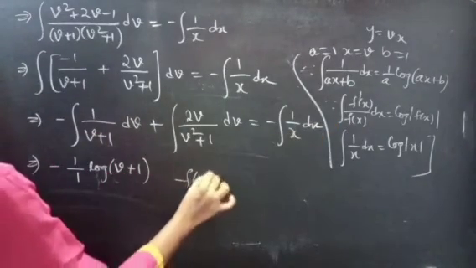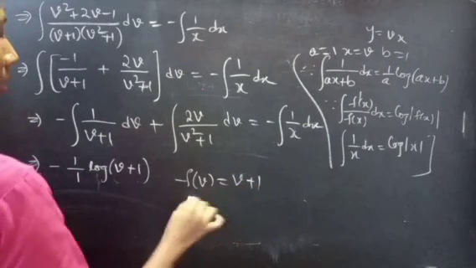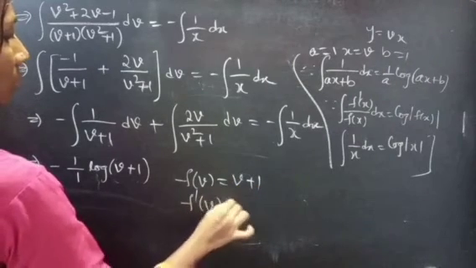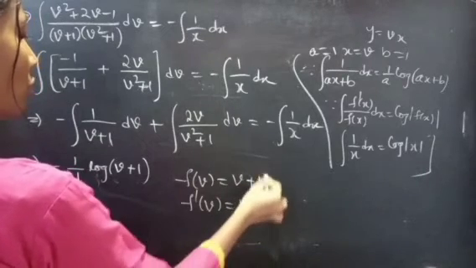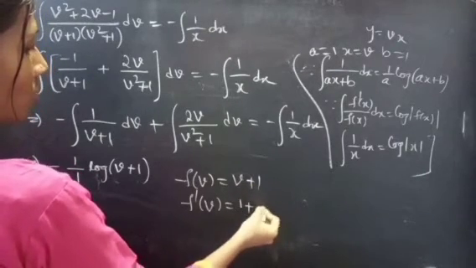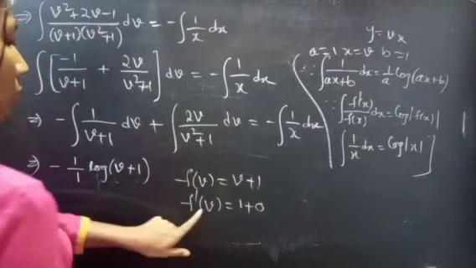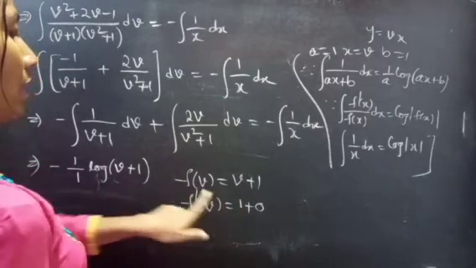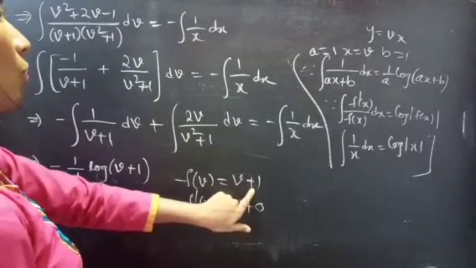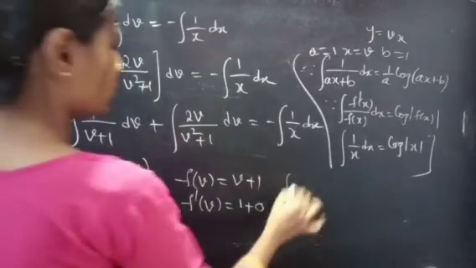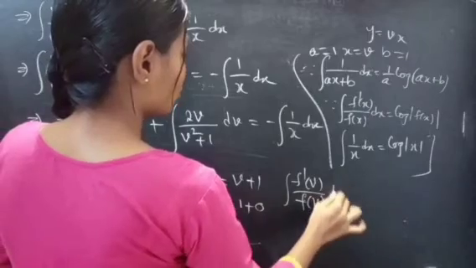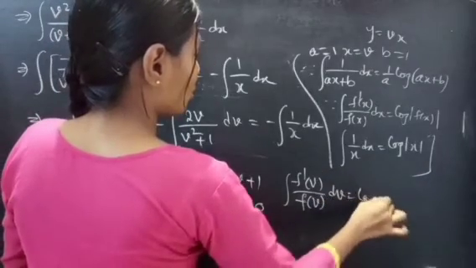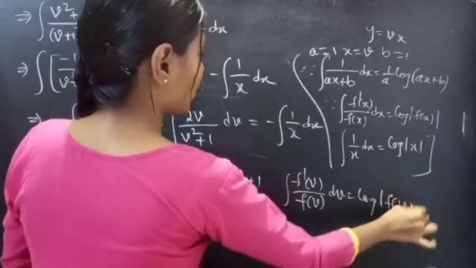For f of v equals v plus 1, f dash of v will be the derivative of v with respect to v, which is 1, plus the derivative of a constant with respect to v, which is 0. Then for f dash of v equals 1 and f of v equals v plus 1, we get the integral of f dash of v by f of v into dv equals log mod f of v.